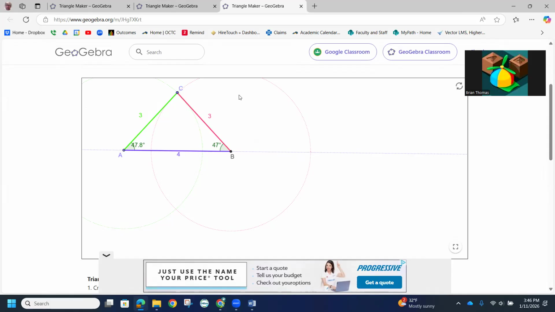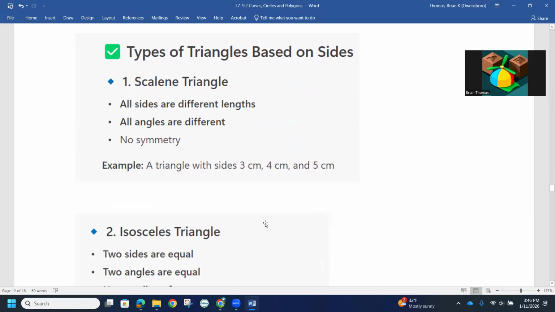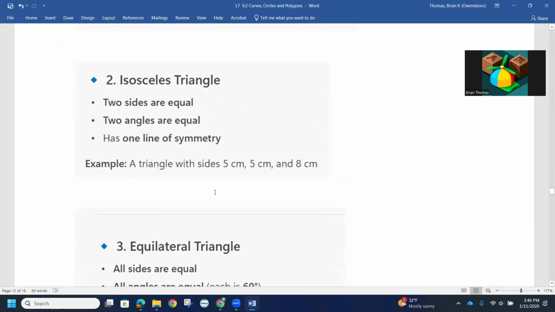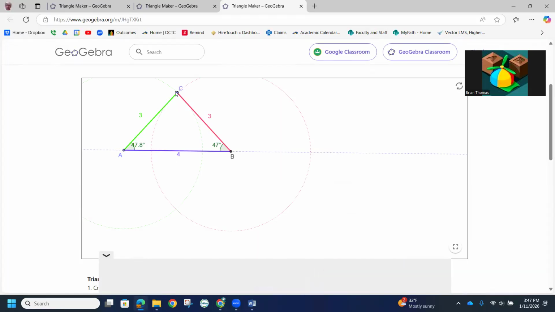And close. 47.847. But so in an isosceles triangle, two sides are going to be equal, and it's going to create two angles equal as well. So there is going to be a line of symmetry as well. So if I go back to my drawing, notice how there is a line of symmetry here.